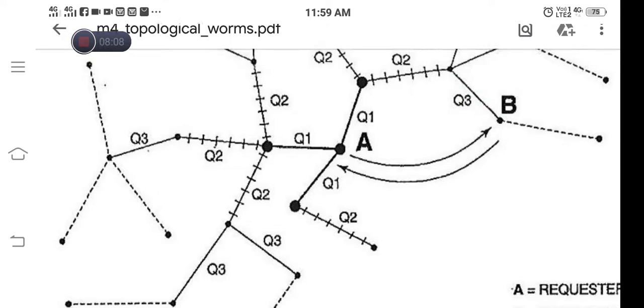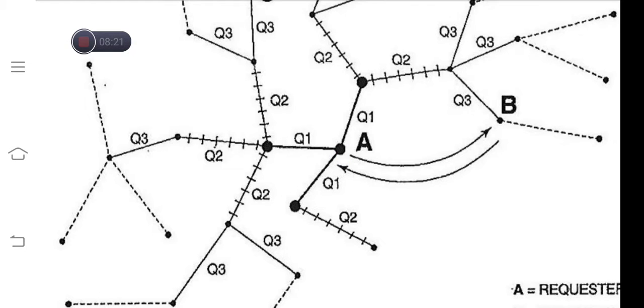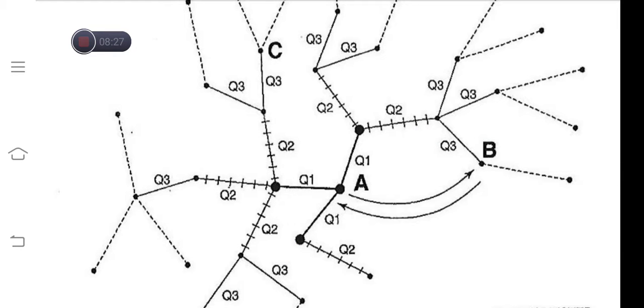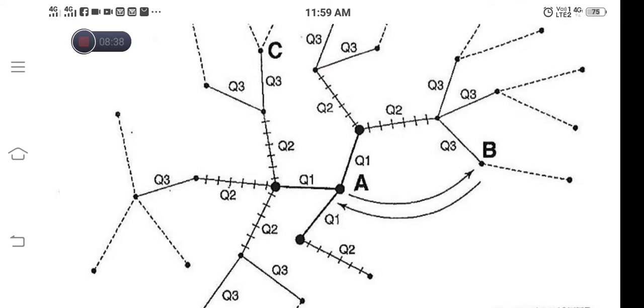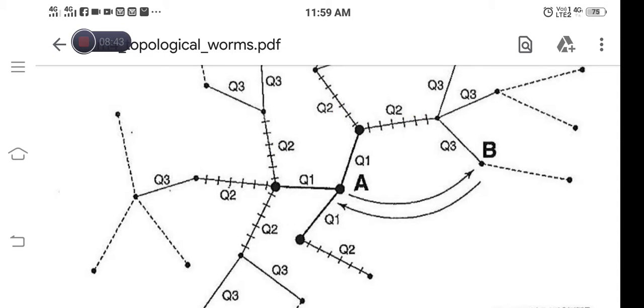The nodes connected to the link Q1 are the neighbors of the node A, as we see in the dark line. Similarly, the next level neighbors, for the nodes present at the link Q1, are connected with the link Q2. So Q1 is the first level, and Q2 is the next level of neighbors.